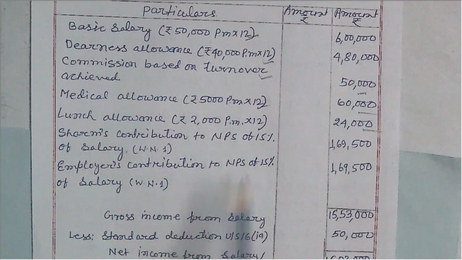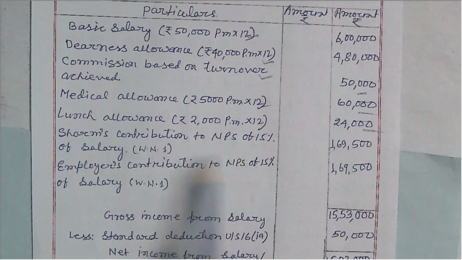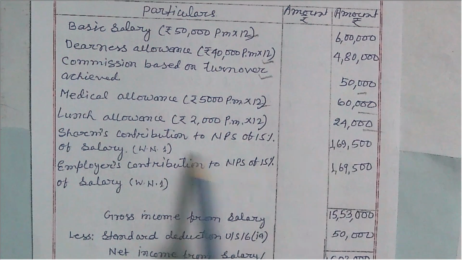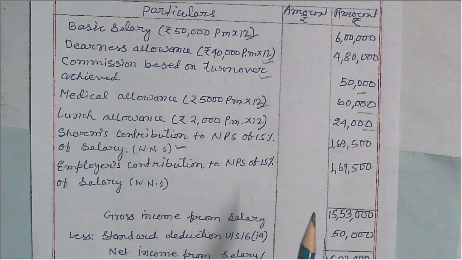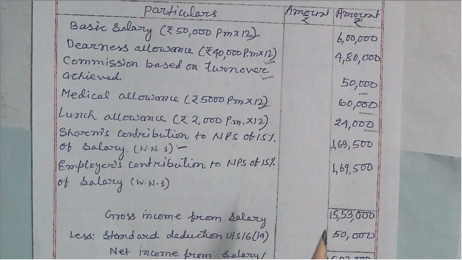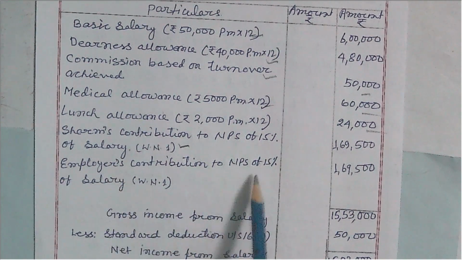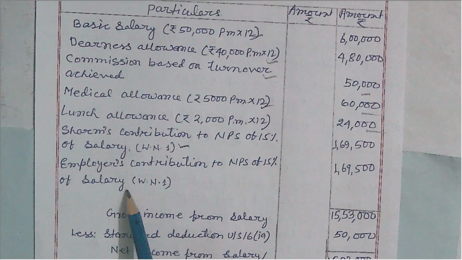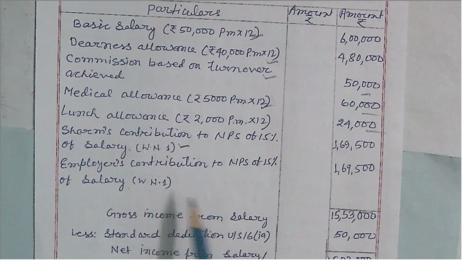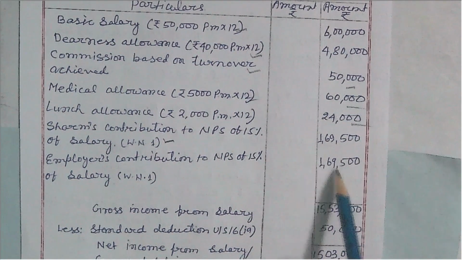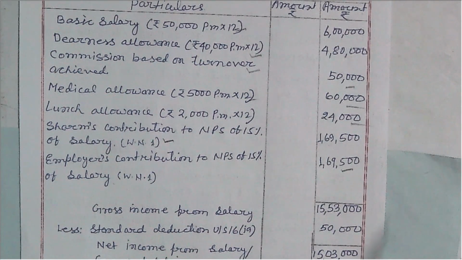And Sharma's contribution to NPS of 15% of salary, the amount 1,69,500, is worked out and shown under working note number 1. Similarly, the employer's contribution to NPS of 15% of salary, the matching amount contributed by both the employer and employee, is the same amount 1,69,500.